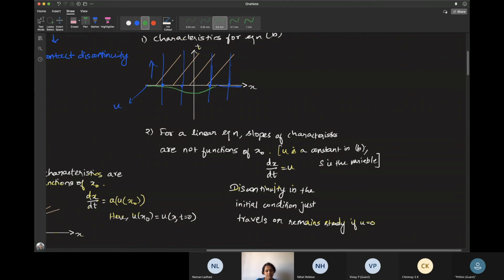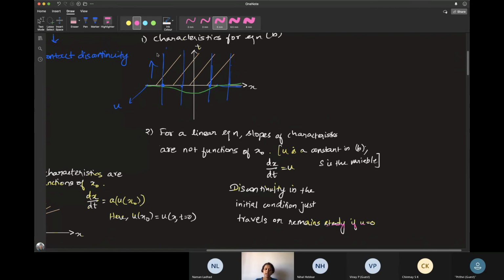Let's say you're having such an initial profile, and this initial profile is going to be the same along these blue characteristics, these lines, right? So this initial profile is going to remain the same for all time. That is, the solution remains steady.